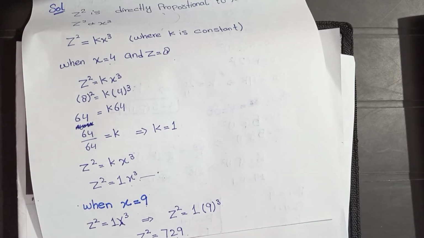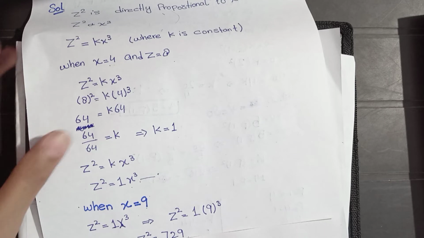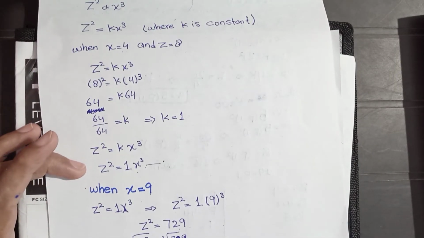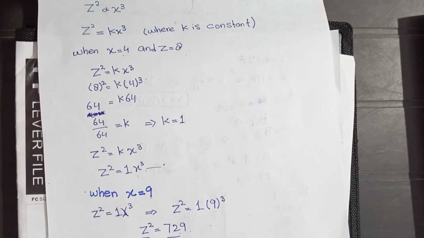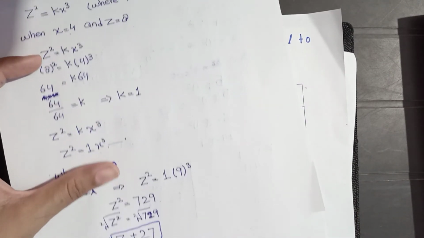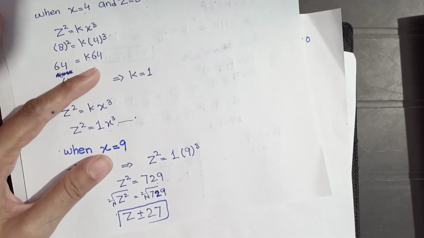Now we take the square root on both sides. When we take the square root, the answer will be plus and minus. Okay, the answer is z is equal to plus minus 27.